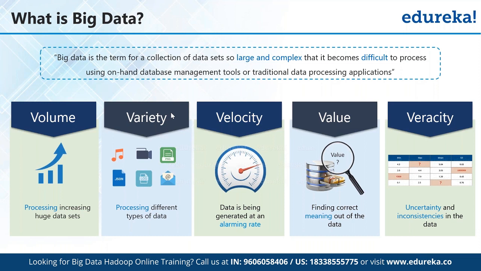So for example, in real-time data processing in the banking sector, you have hundreds of thousands of transactions per second coming in during peak hour, and you have to process that data. So if the rate at which data is getting generated is quite high, it becomes a constituent of big data.